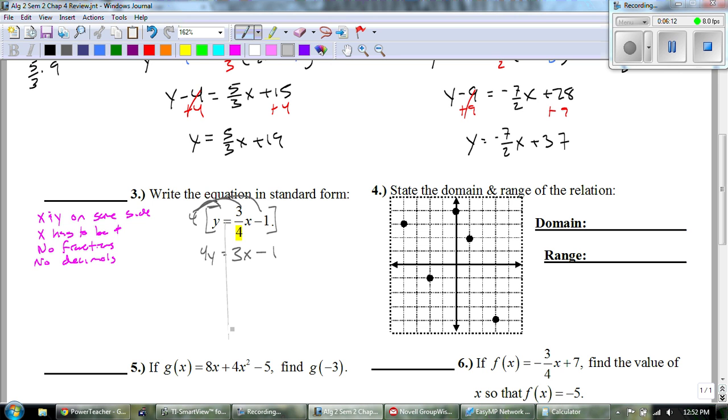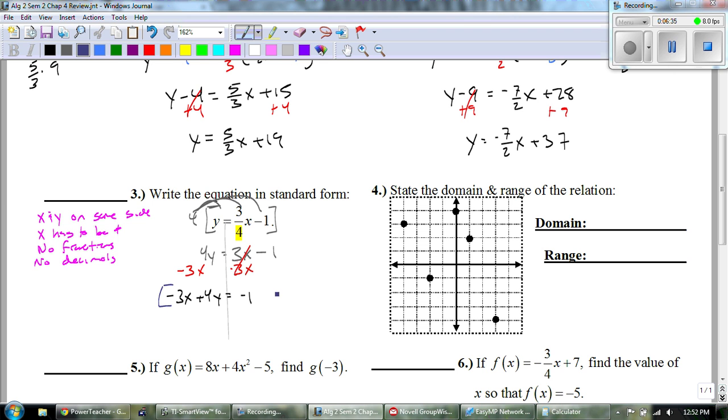Okay? Now, I want my x and y on the same side, so I'm going to subtract the 3x to the other side. So I've got negative 3x plus 4y equals negative 1. And my x is negative, so how do I change it positive? Do you remember?